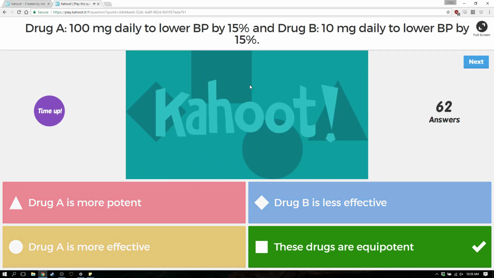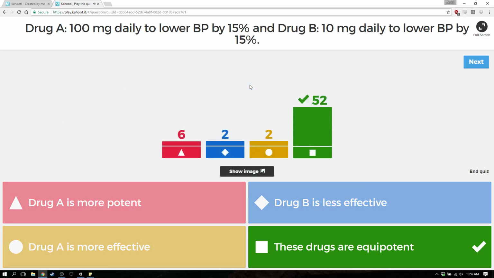The correct answer is these drugs are equipotent. Why is that true? They have the same effect. They're both lowering blood pressure by 15%, so they're equipotent in this case.